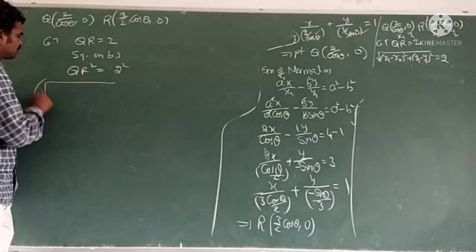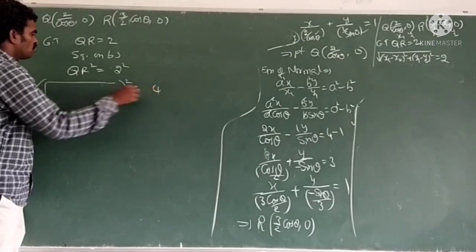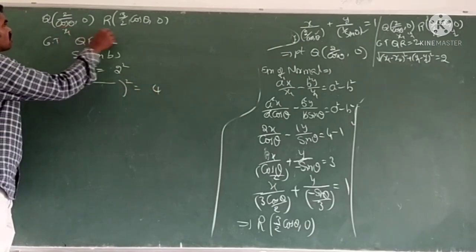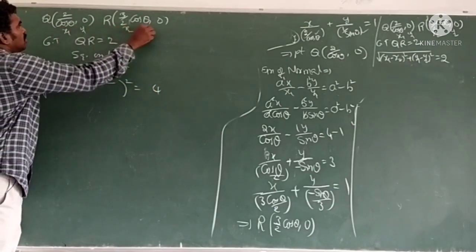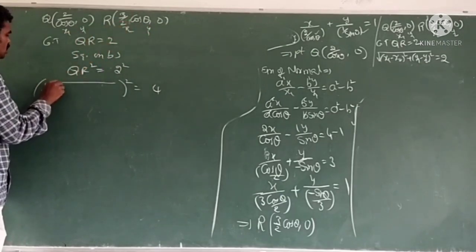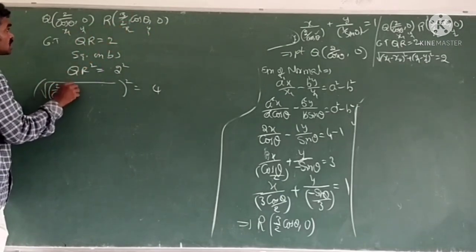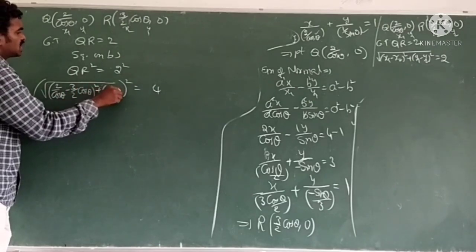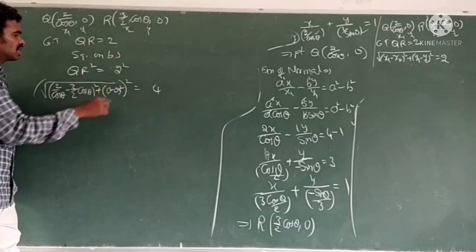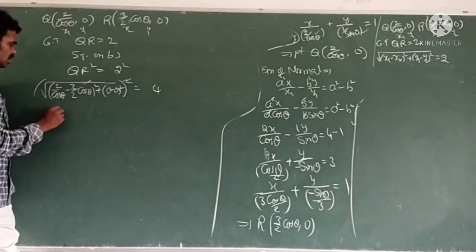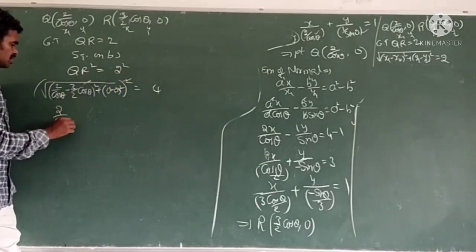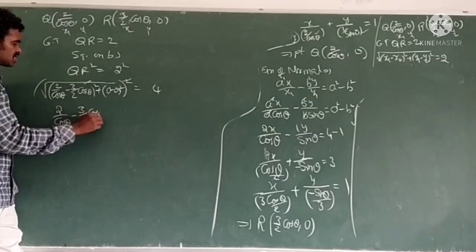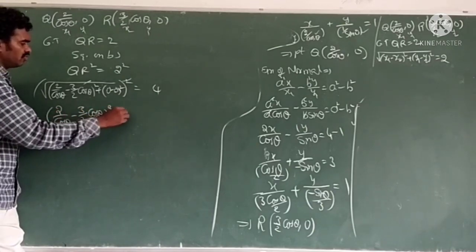What is QR square? 2 square means 4. QR square means (x1 minus x2) whole square, which is 2 by cos theta minus 3 by 2 cos theta, whole square, plus (y1 minus y2) whole square, which is (0 minus 0) whole square. The square root cancels, so the remaining is (2 by cos theta minus 3 by 2 cos theta) whole square equal to 4.